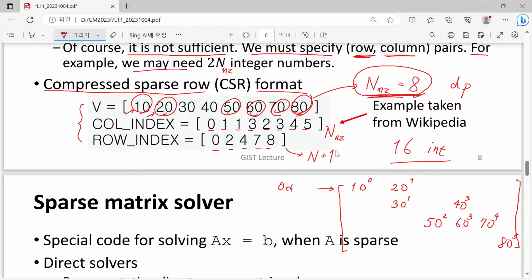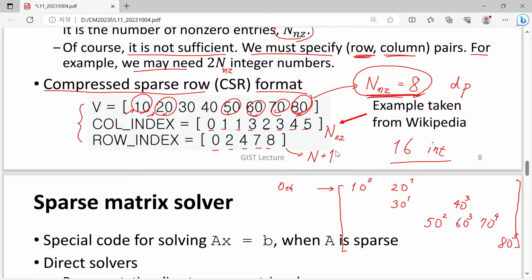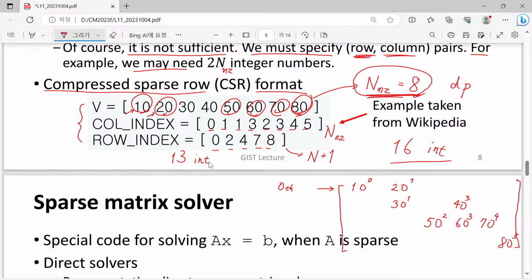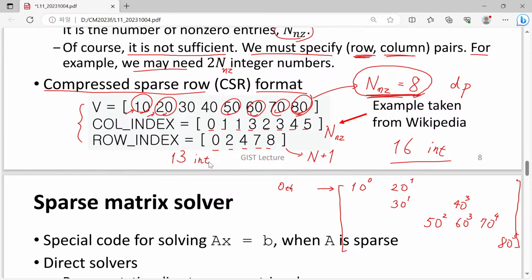So instead of 16 integer values, we are spending only 13 integer values. Are you with me? That is a good thing. Starting from 16, now it becomes 13.